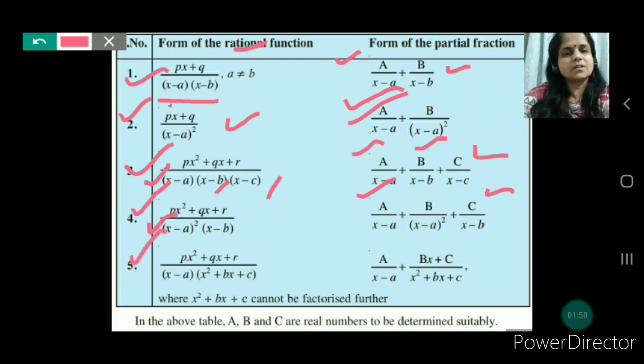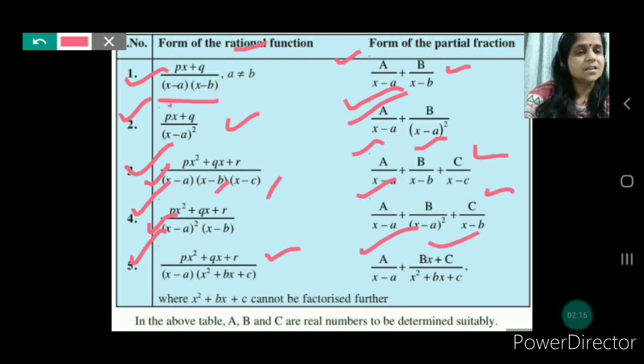And next is (px square plus qx plus r) upon (x minus a) into (x square plus bx plus c). Then it is A by (x minus a) plus (Bx plus C) upon (x square plus bx plus c), where x square plus bx plus c can't be factorized further.